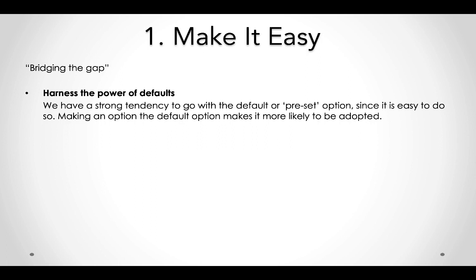Defaults are very powerful, and we saw some examples of them in the course. They have to do with the 401k automatic enrollment and the organ donation scheme, where these defaults were very powerful and had strong outcomes.